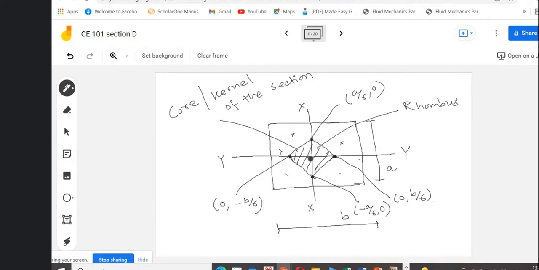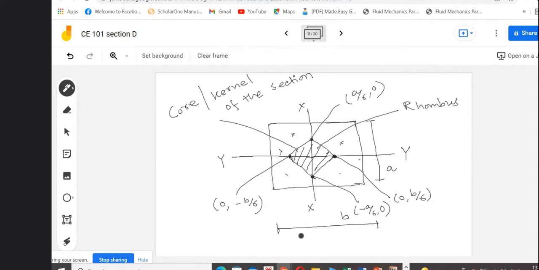As a designer, our job will be to find out the core or kernel of a particular section, and keep the application of the load within it. If it goes outside, tensile stress will generate and that will be dangerous for the structure. So that is our job here, to find out the core or the kernel of the section.